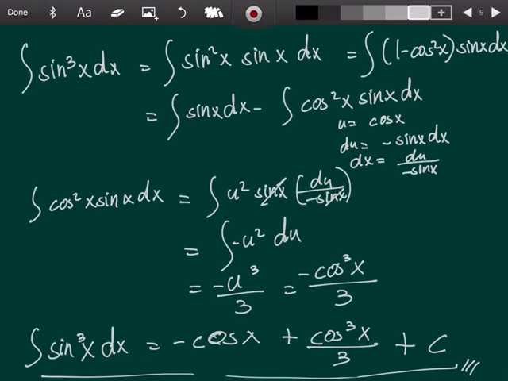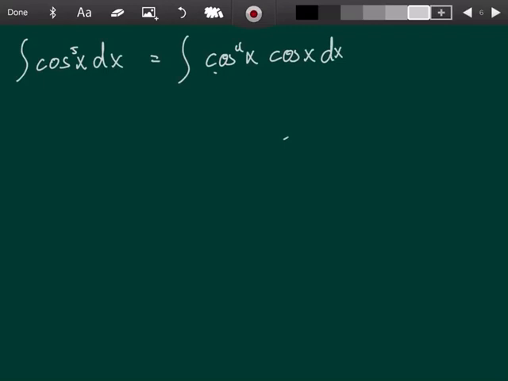So how about if we have the integral of cosine x raised to 5 dx? What we will do is separate cosine raised to 4 x times cosine x dx.